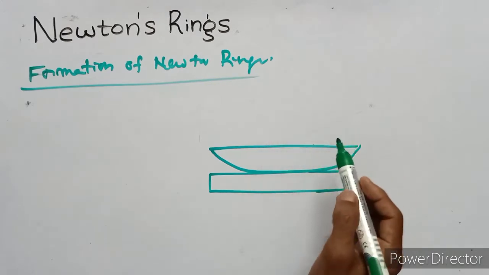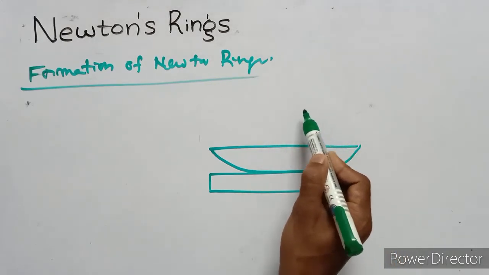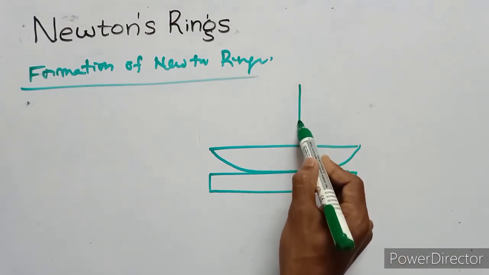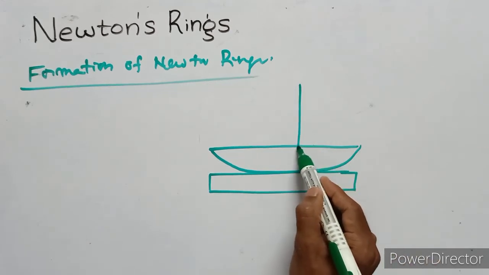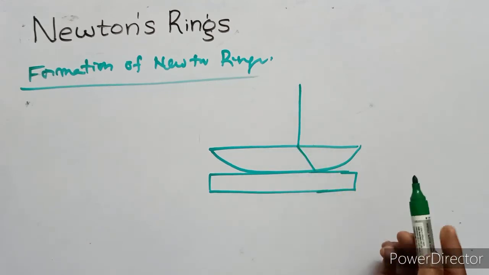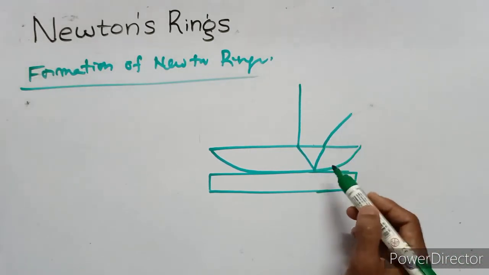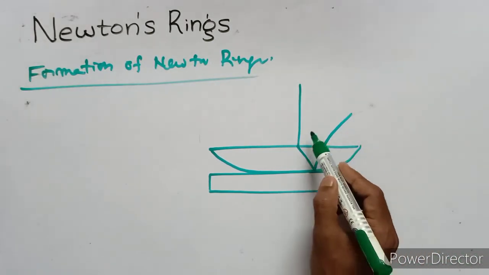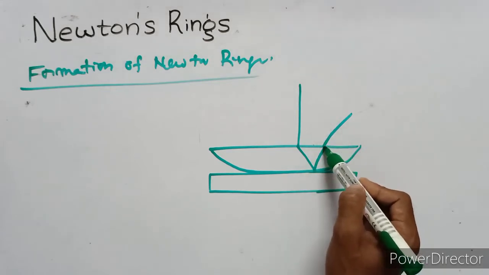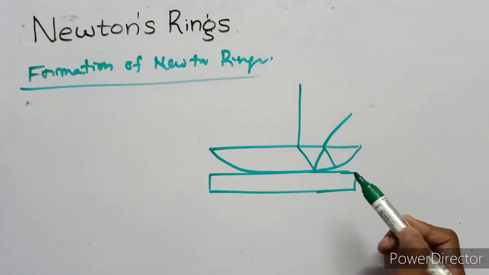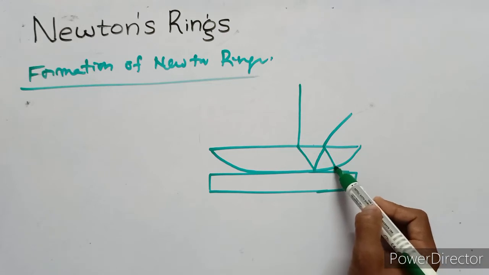One light ray is incident, then refracted, then reflected internally and transmitted. Another is internally reflected.